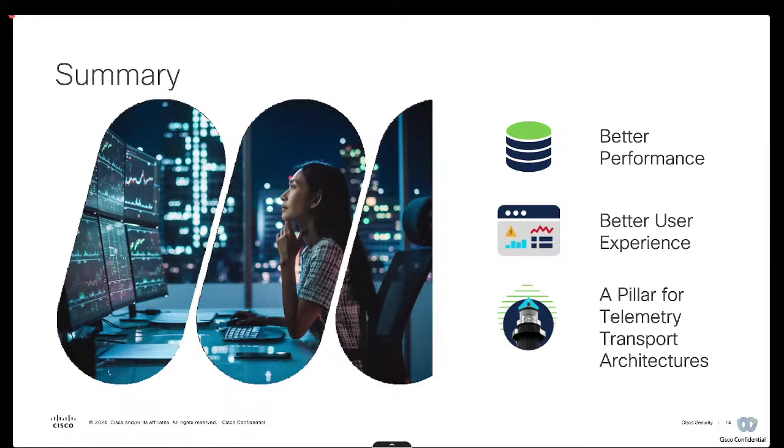Aligning to Magnetic means a better user experience overall, not just with the product but across the Cisco portfolio. And with the new capabilities and the past capabilities, CTB is becoming more and more the pillar for the telemetry transport architectures that have started being outlined and documented in the industry.